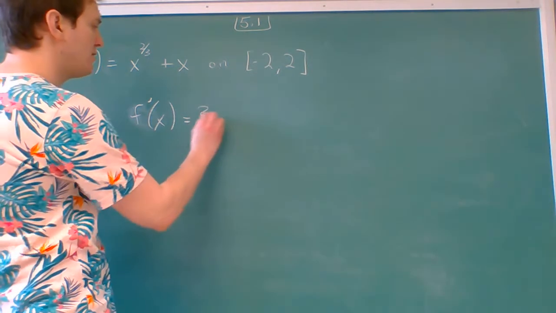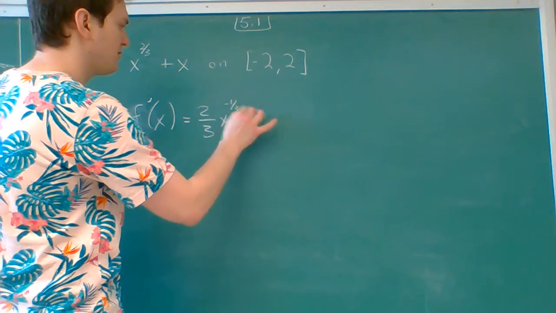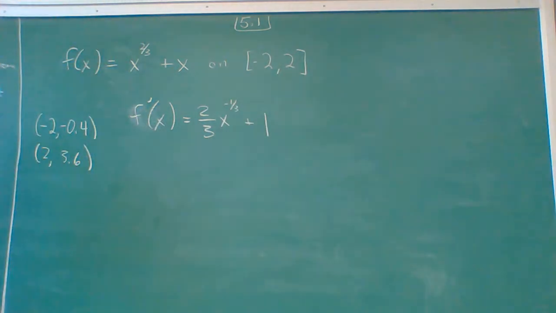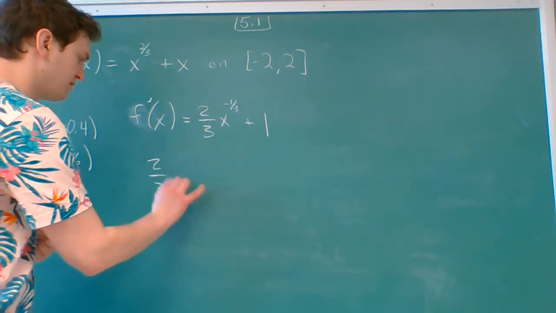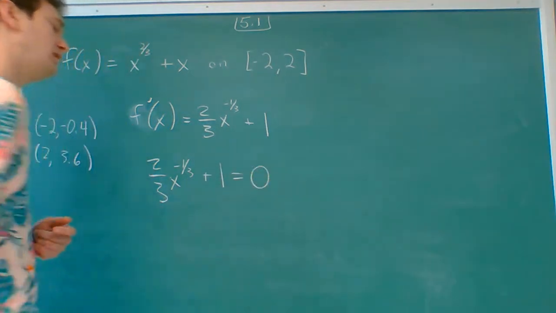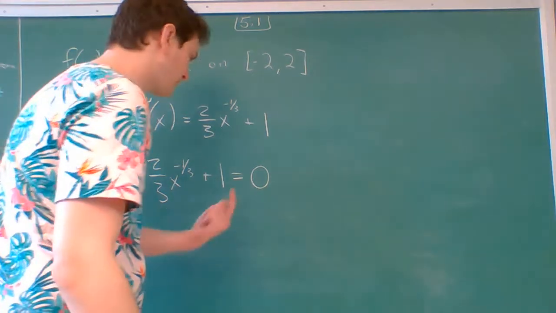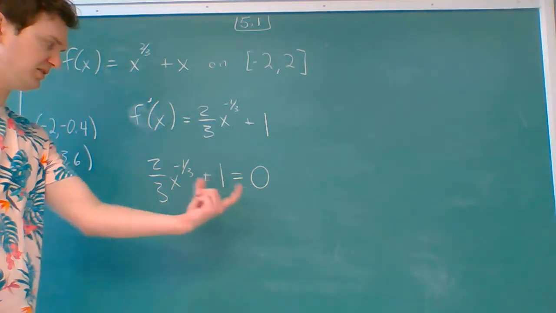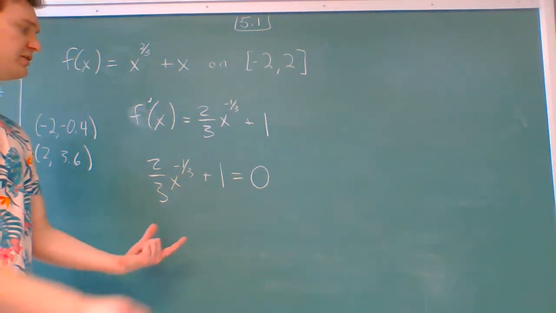If you do, you should get 2/3 x to the negative 1/3 plus 1. Now what I want to do is set this equal to 0 and solve for x if possible. I encourage you to try this algebra on your own. This would be a good exercise.